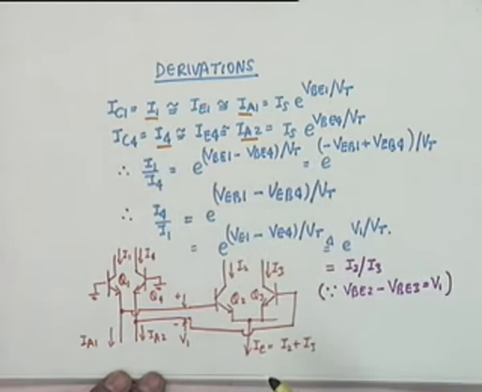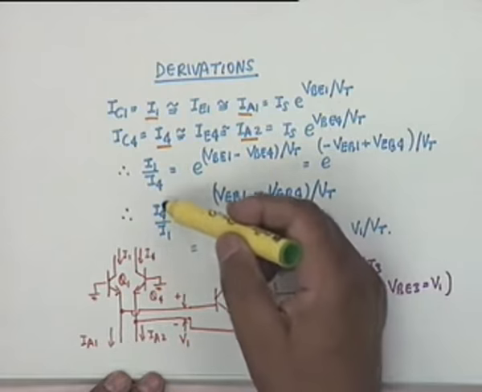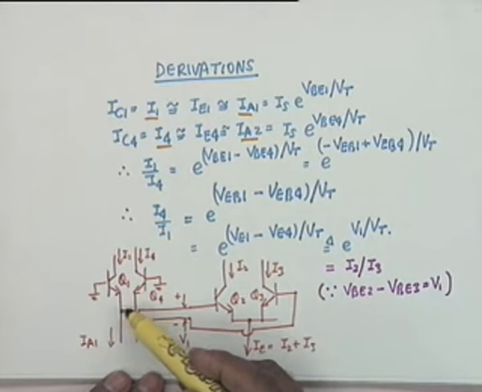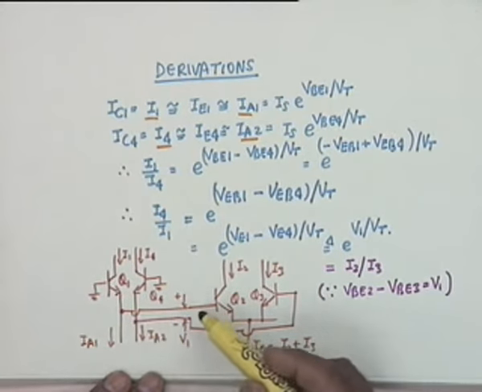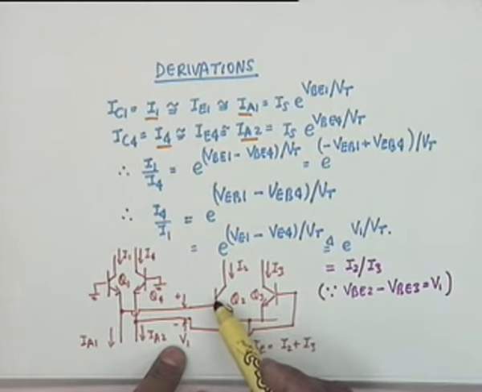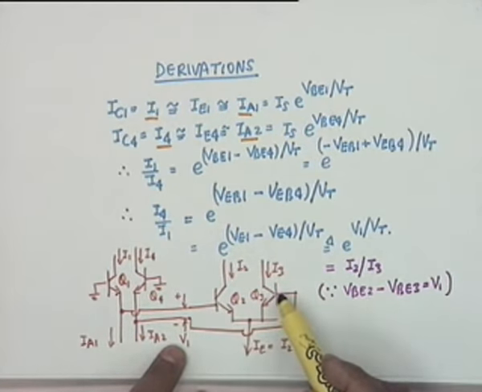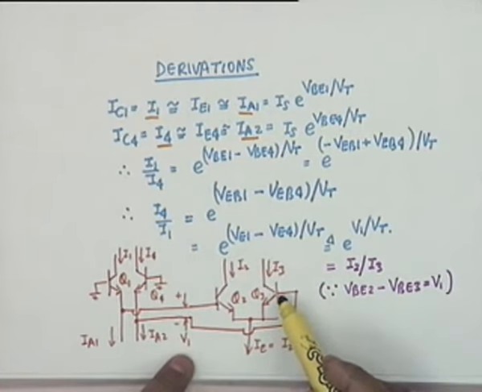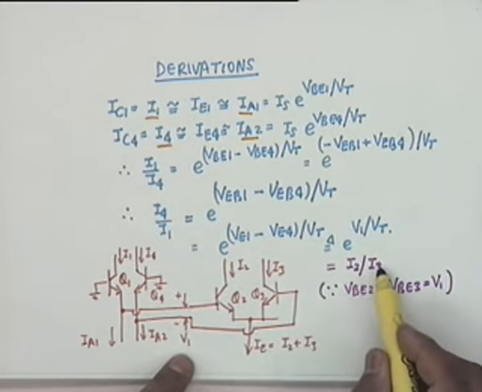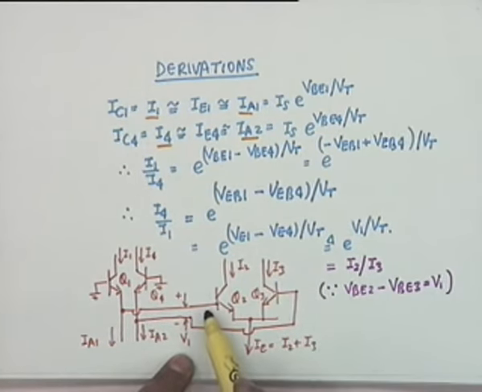Then I1 by I4 we had shown, or I4 by I1 we had shown that this is VE1 minus VE4, and this is the voltage V1 defined as V1 applied between the bases of Q2 and Q3. And by a similar argument we show that I4 by I1 is the same as I2 by I3, because VBE2 minus VBE3 is also equal to V1, E1 and E2 and E3 being a common point.